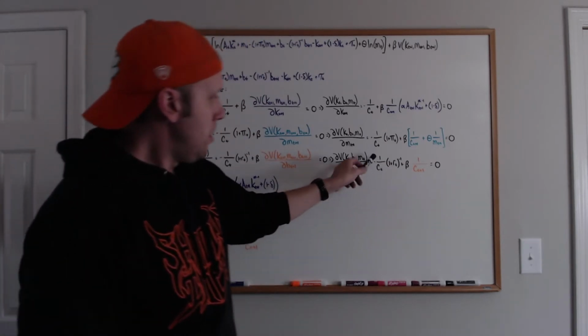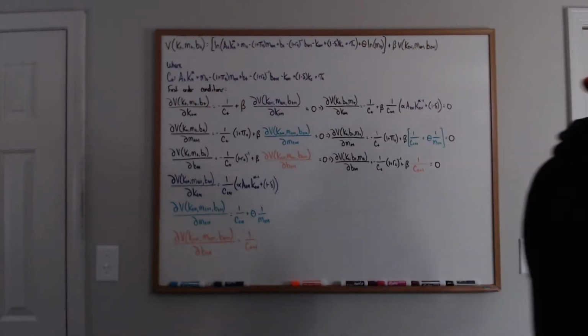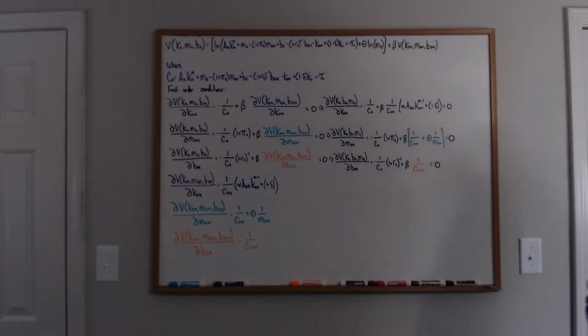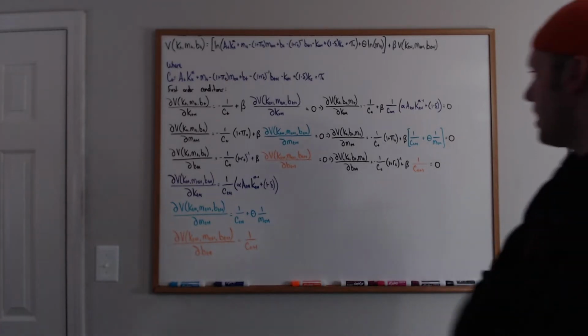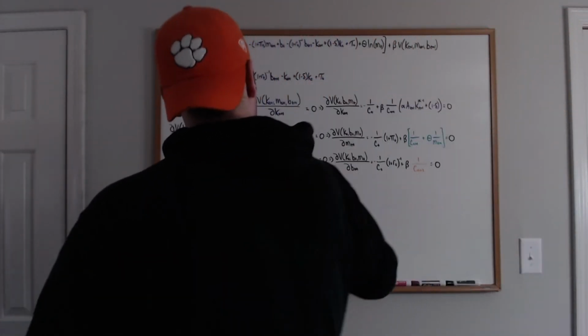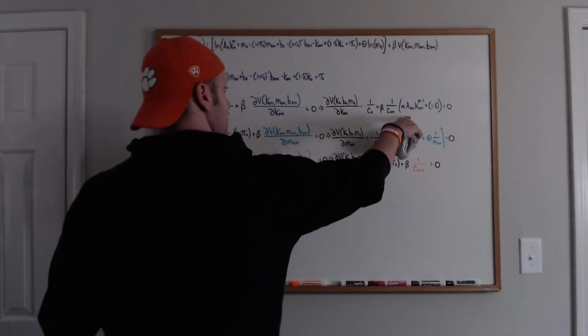Finally, negative 1 over CT times 1 plus R to the inverse, or 1 over 1 plus R, plus beta times 1 over CT plus 1 is equal to 0. So with all that, let's solve these things.